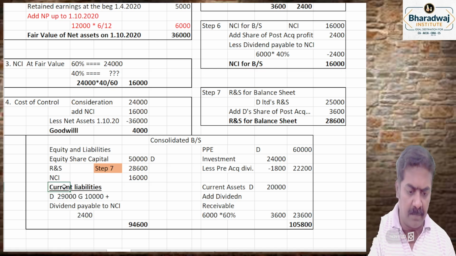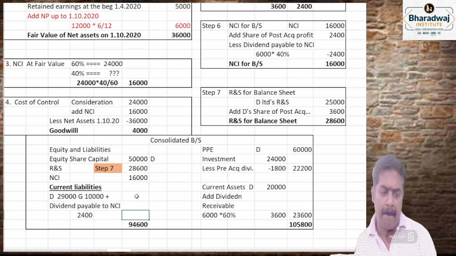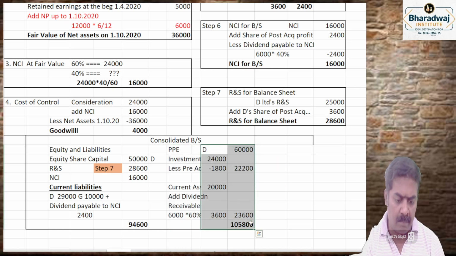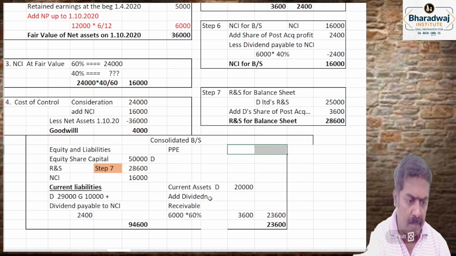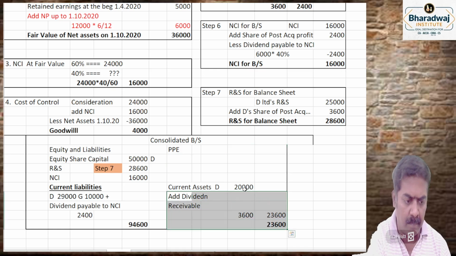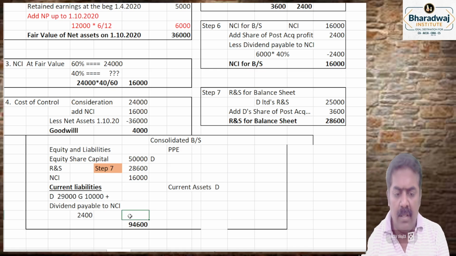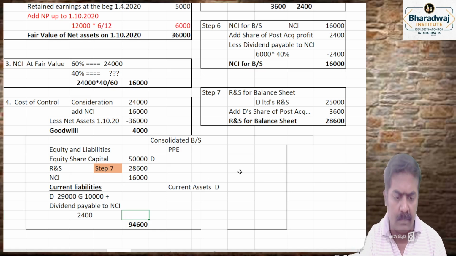Add up current liabilities you will get 29,000 plus 10,000 plus dividend payable to NCA 2,400. Add up and tell me how much you get.